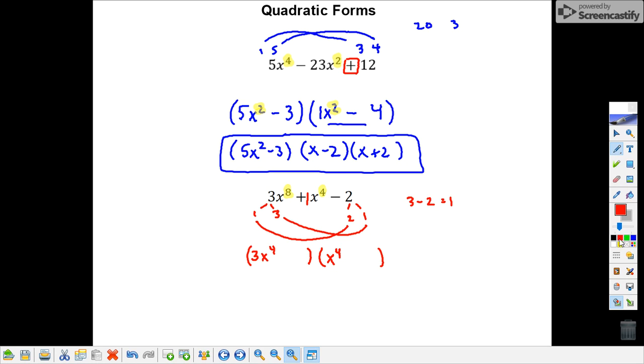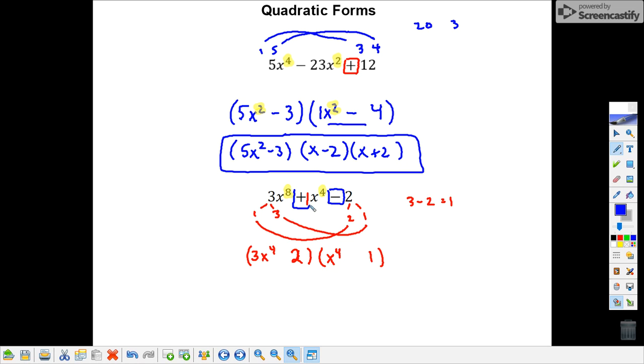For 2, we're going to have the 3 paired with the 1, so they need to be in opposite grouping. So that's going to be the 1, and the 2 is also, or sorry, the 1 is with the 2, so those also need to be opposite. Now, the signs, because of this minus sign, we're subtracting, the signs will be different.